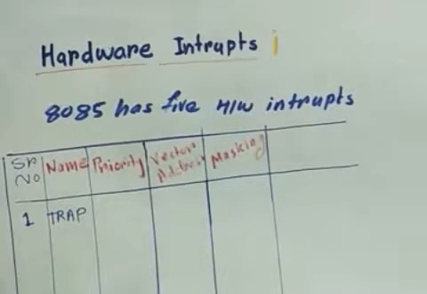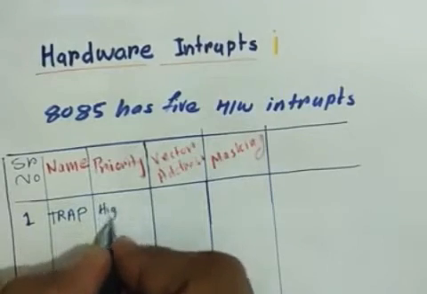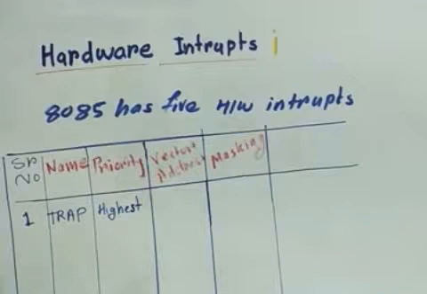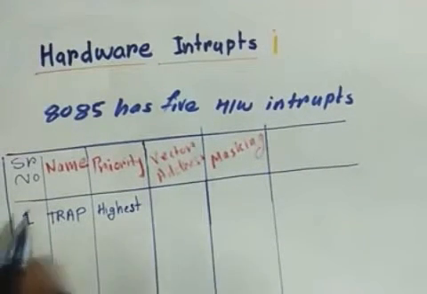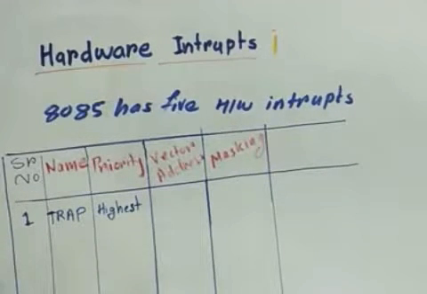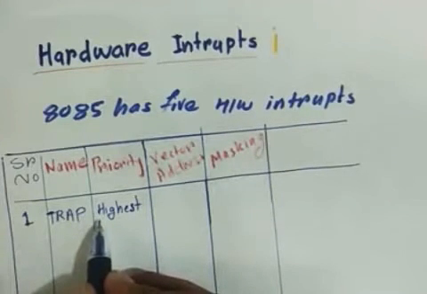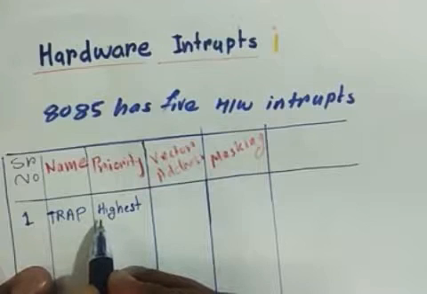The TRAP instruction has the highest priority amongst all the hardware interrupts. Whenever TRAP is requested by a particular input output device, the microprocessor has to respond immediately, as compared to the other interrupts.